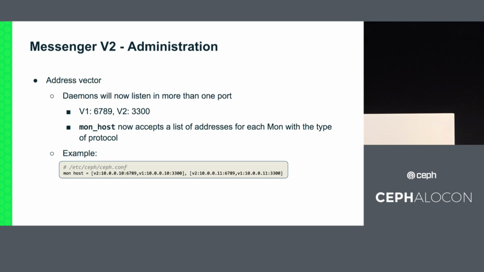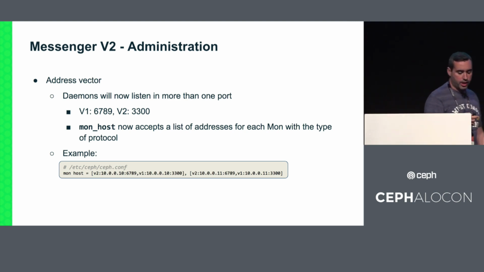For that, we had to develop this notion of the address vector. Now daemons can be identified, instead of just a single address, by a set of addresses. This allows us to specify the port that the v1 protocol is listening to, and the port where v2 is listening.